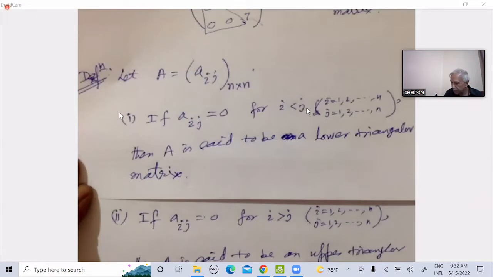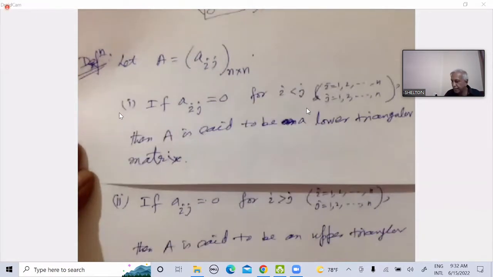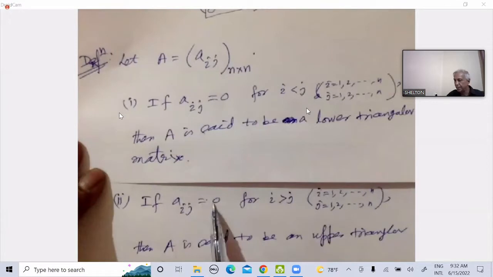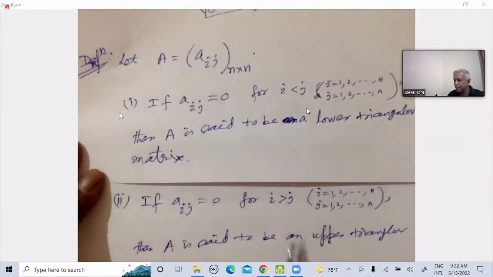matrix. So we know diagonal matrix. Diagonal is Aij equal to 0 for all I not equal to J. That is diagonal. Upper triangular here, lower triangular here.